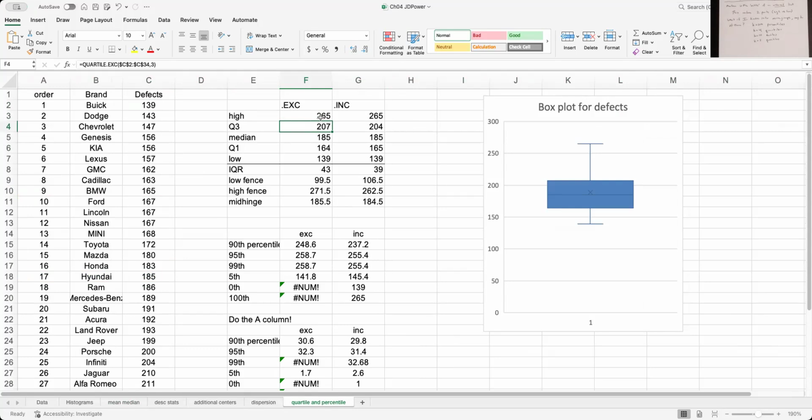That's the inclusive. Notice the only differences are here and here. The median stayed the same. You're measuring the middle. But when you measure the second middle, you have to decide what you're doing with that first one.